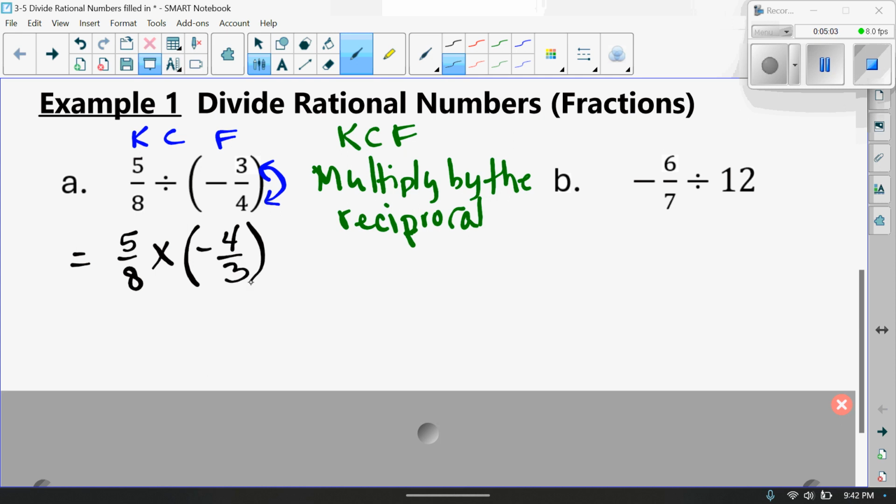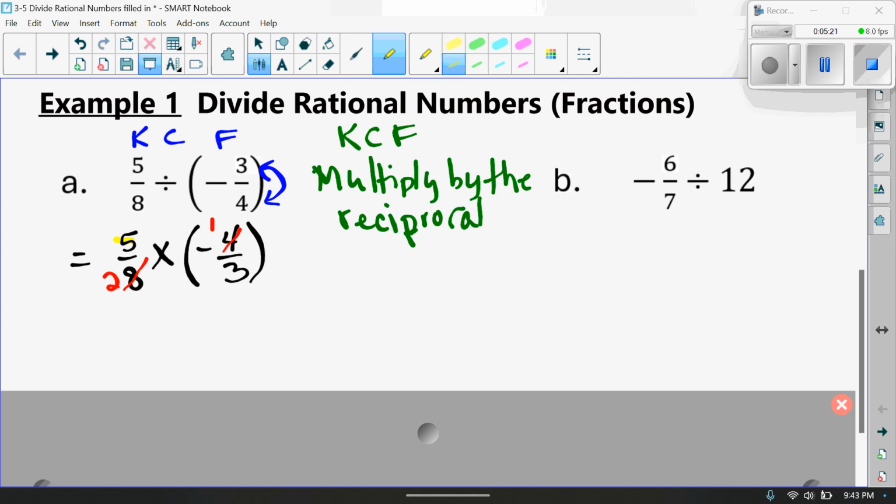Just like what we said in the last class, before we multiply, we can simplify. So here, 4 divided by 4 becomes 1, and 8 divided by 4 becomes 2. And that's all we can do.